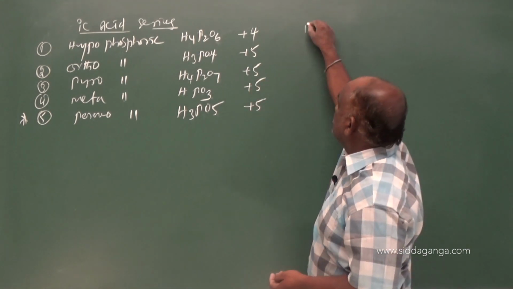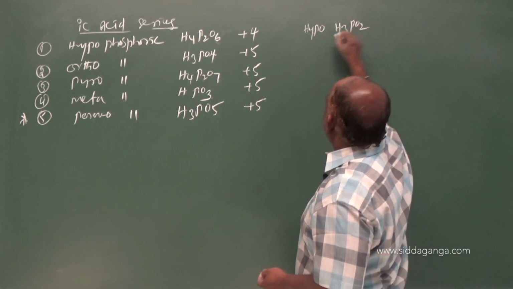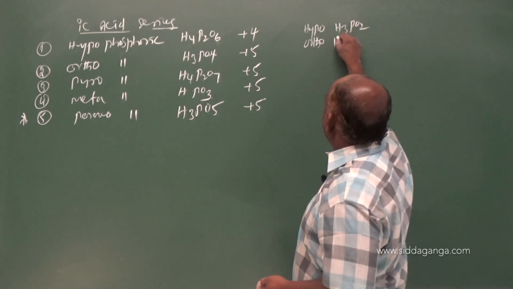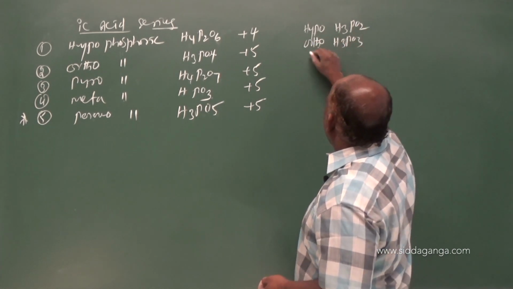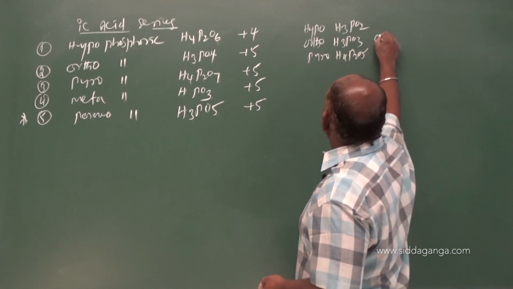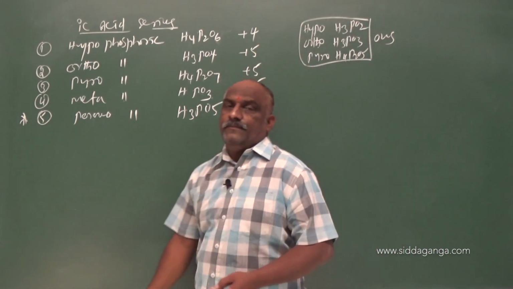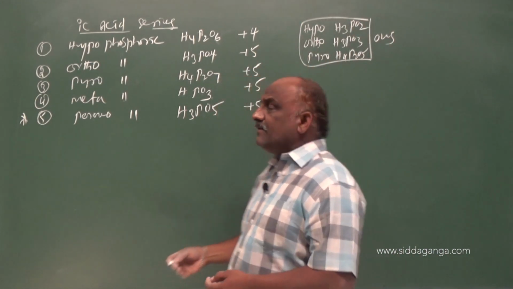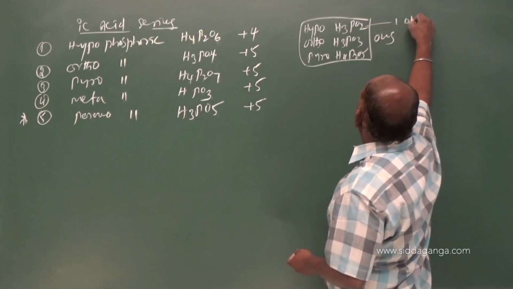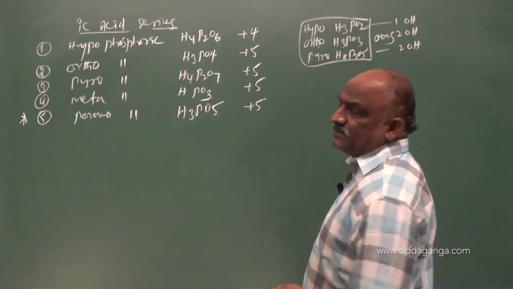Once again see this: hypo H3PO2, ortho H3PO3, pyro H4P2O5. These are ous acids. Here it is one OH group, here two OH groups, here also two OH groups.